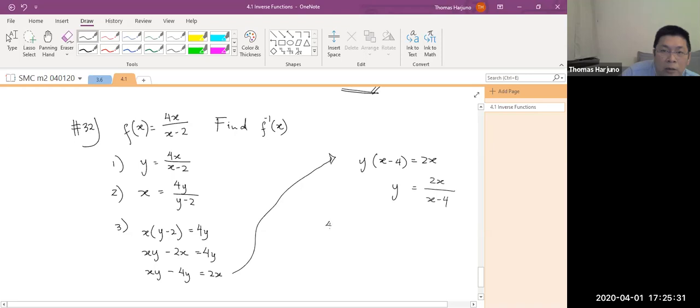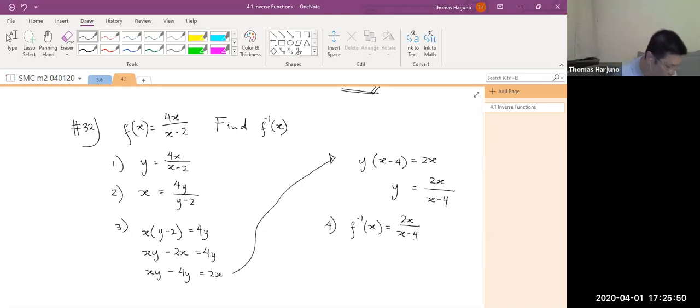And then my final step, replacing y by f inverse x, f inverse x equals 2x over (x minus 4). Okay, now that's for number 32.